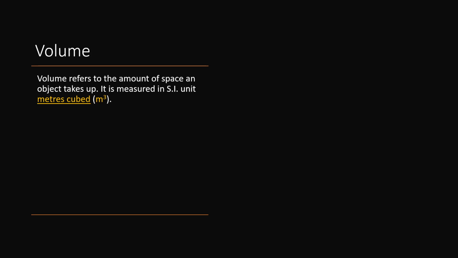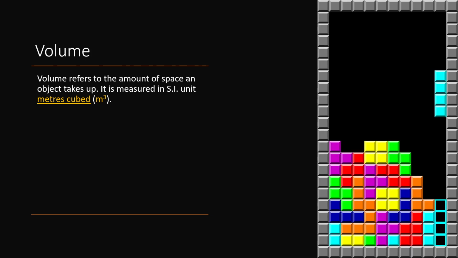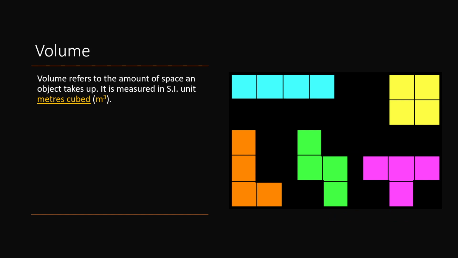So when we're looking at volume, we just want to refer to the amount of space that an object takes up. If we think very basically, obviously this is not a three-dimensional object, but if we think about the game Tetris, and we think that each of the 2D squares in Tetris is three-dimensional, 1 centimeter by 1 centimeter by 1 centimeter, so a centimeter cubed, each of those different colored shapes actually all have the same volume.